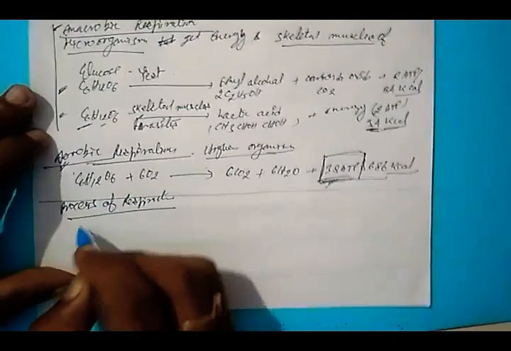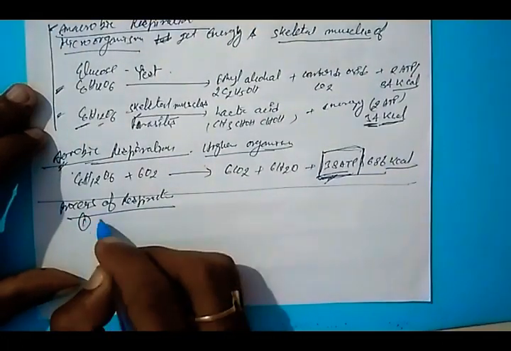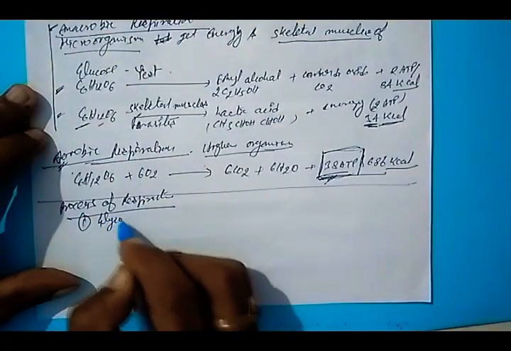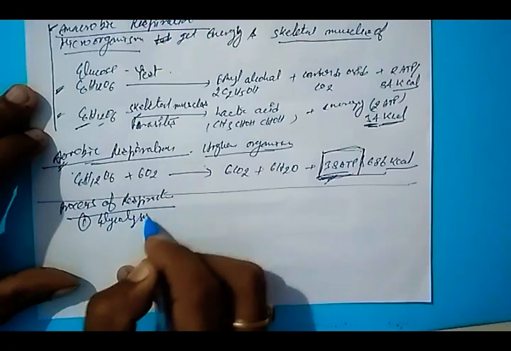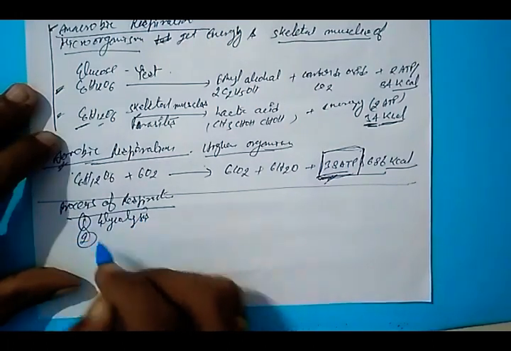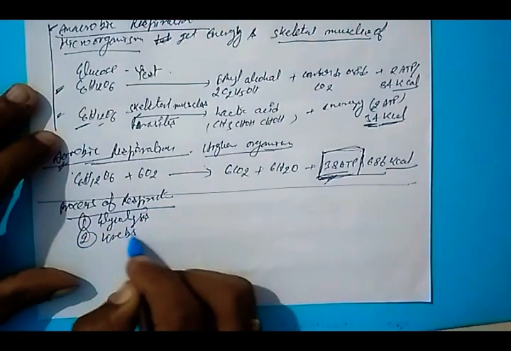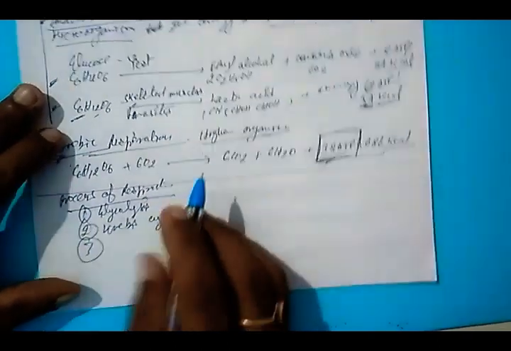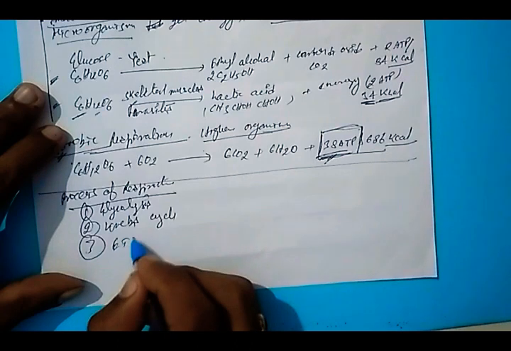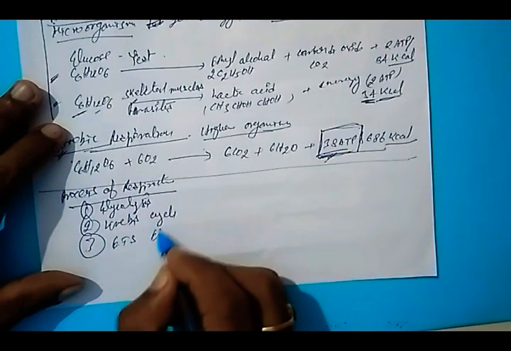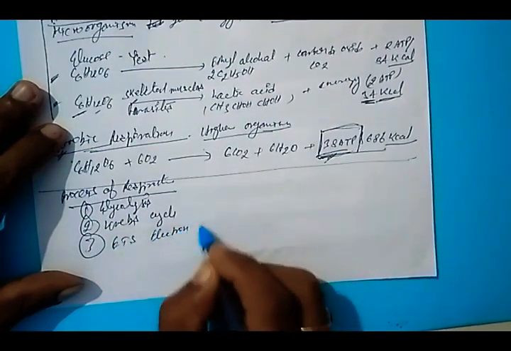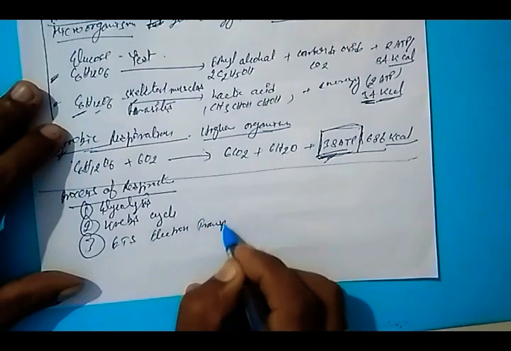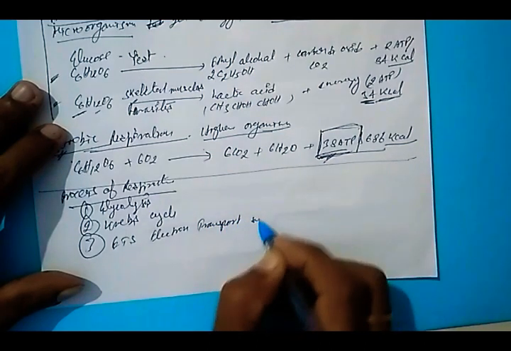Number 1, glycolysis. Second, Krebs cycle. And third, ETS, that is electron transport system.